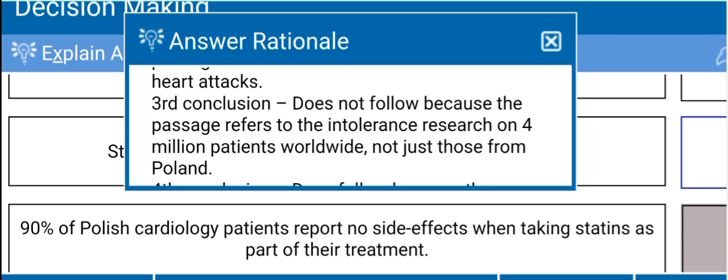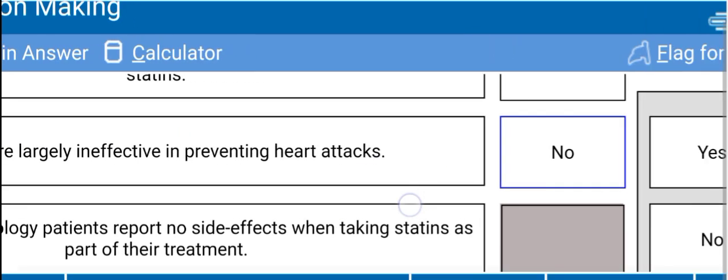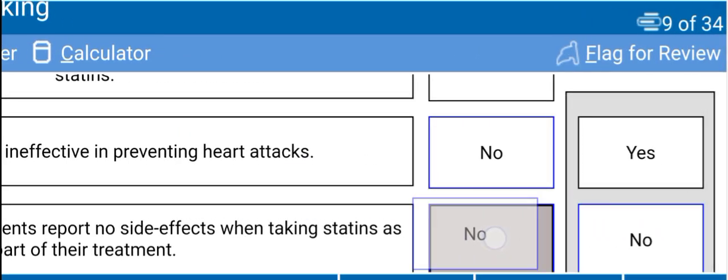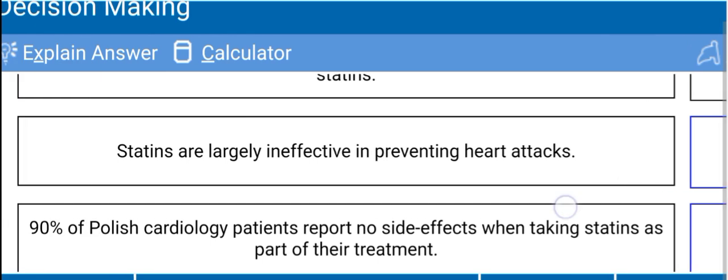It does not follow because the passage refers to the intolerance research on 4 million patients worldwide, not just those from Poland. So the third conclusion does not follow. That's why again we will drop a no in front of it.